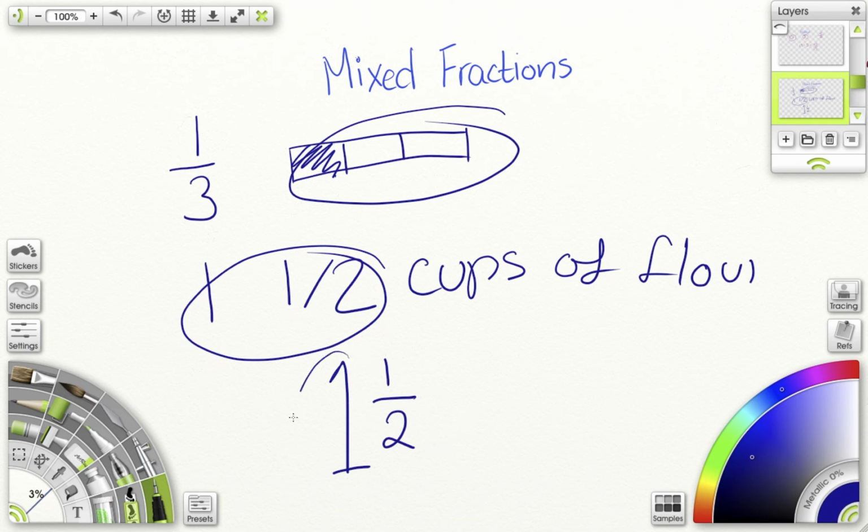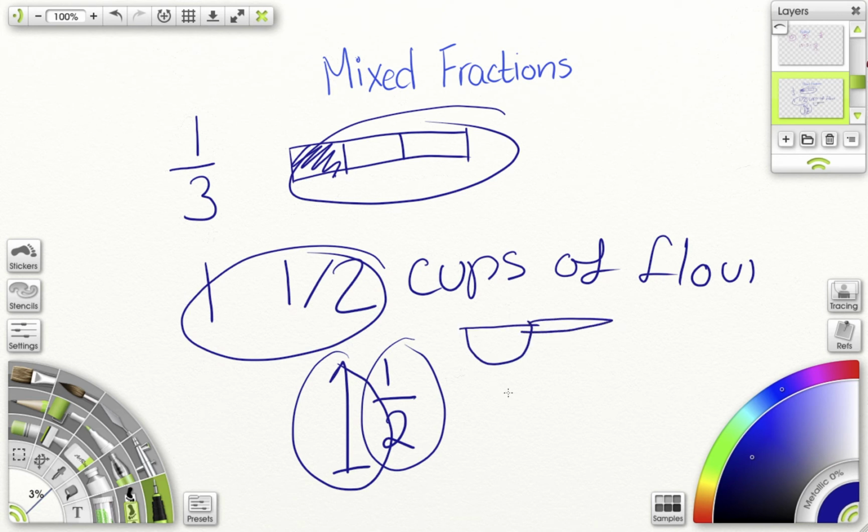This represents 1 whole cup, and this represents a 1/2 cup. Unless you have measures that work for 1.5 cups, let's say you're just using the little measuring cups that have the amounts written on them, I would need a 1 whole cup measure, like this, and a smaller 1/2 cup measure, like this, and that would give me the full amount of flour I need for my recipe.